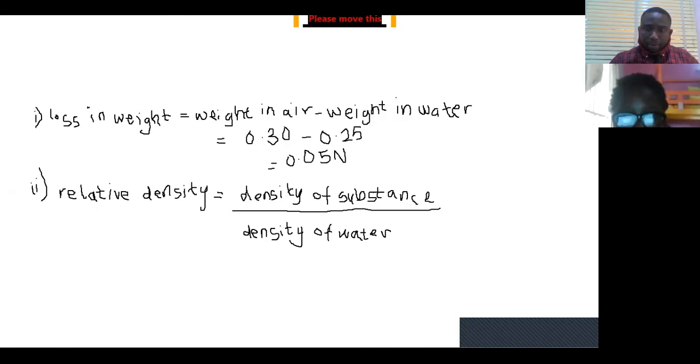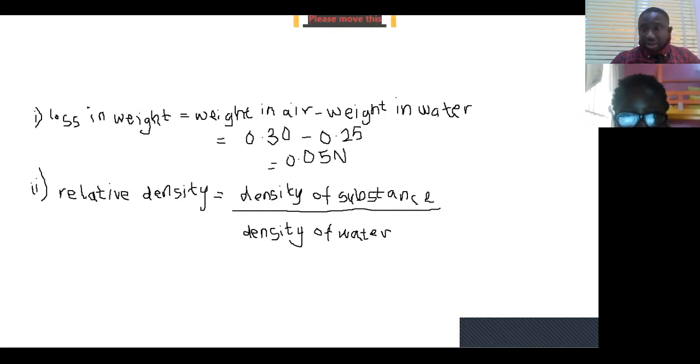Because if you're using density, it has to be mass over volume. We don't have the volume here, and even though we can get newton in mass, we don't have the volume. So it would be wise to use the other formula, which is weight in air over weight of equal volume in water.